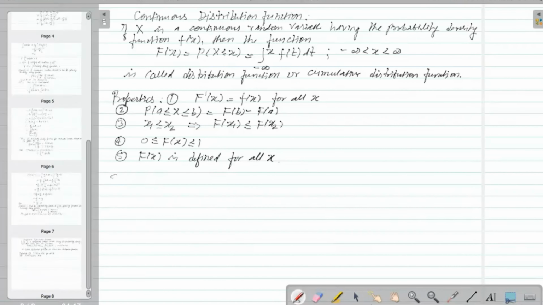Example number 5 6. Let us do the example.